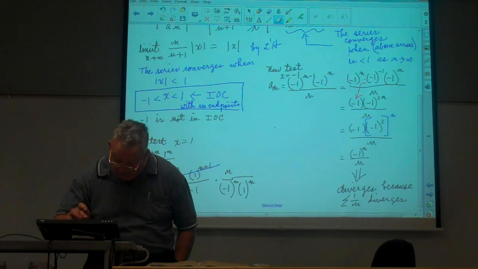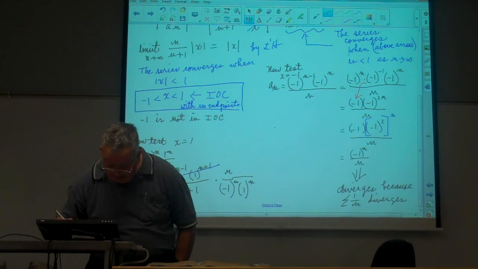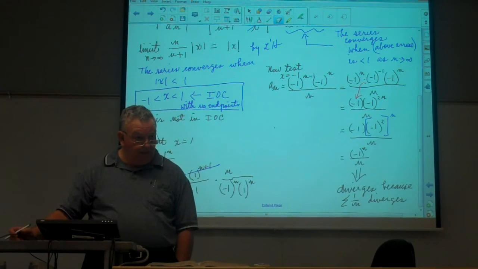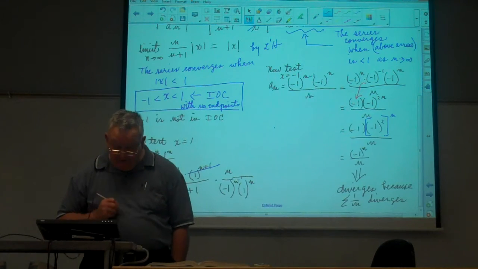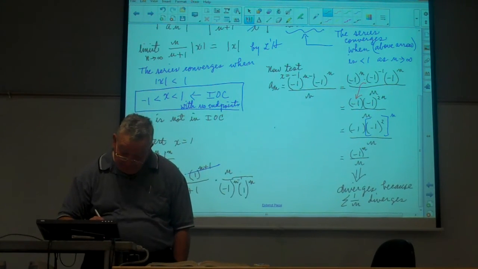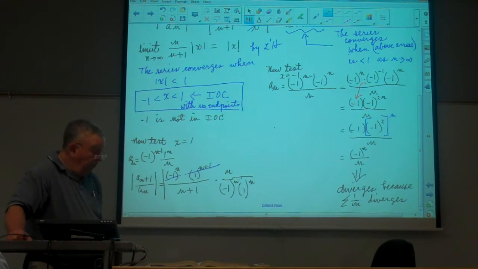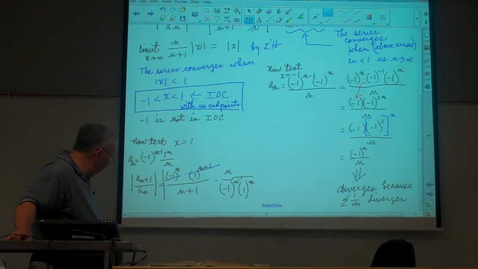Not in absolute value, it doesn't. If I do n minus 1 and add 1 to it, don't I get minus 1 to the n? And then this one would be n minus 1, wouldn't it? Does that fix it? Yes, sir. Okay, thank you.